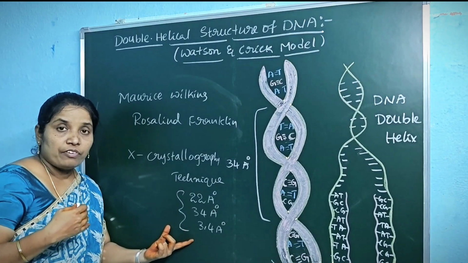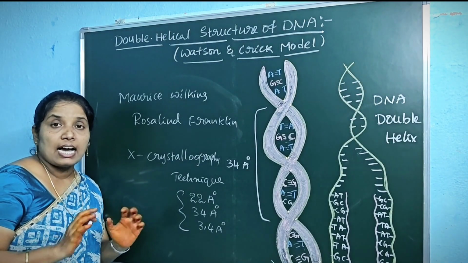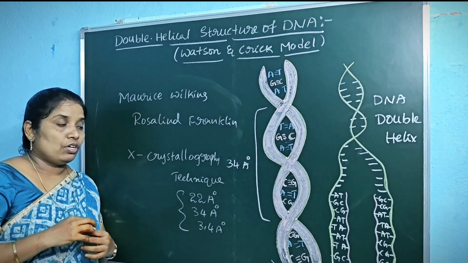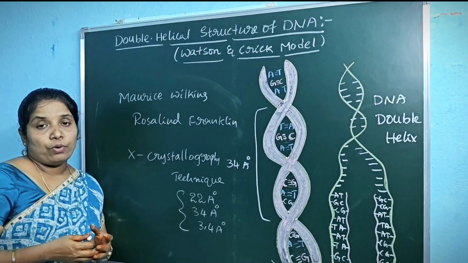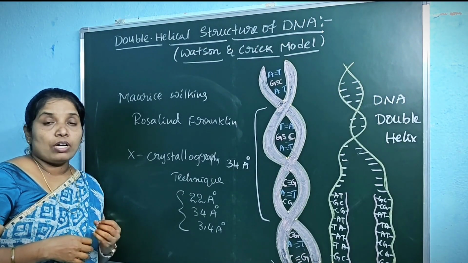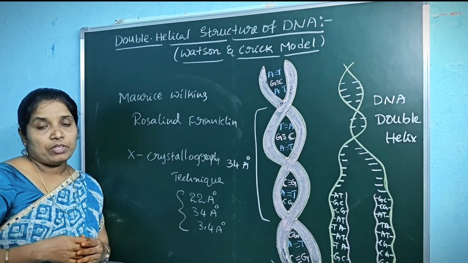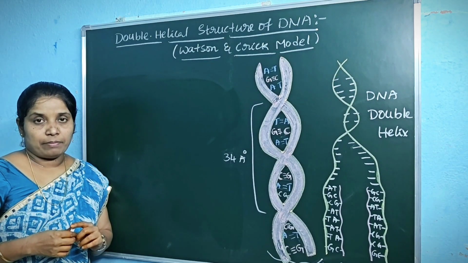These facts helped Watson and Crick to give the exact structure of the DNA double helix. The model proposed by Watson and Crick was widely accepted by many scientists. Even now we accept the Watson and Crick model of DNA. So, let's see the main features of the Watson and Crick model of DNA.